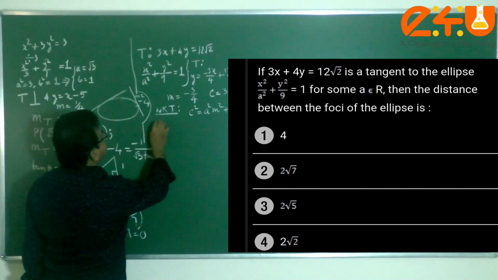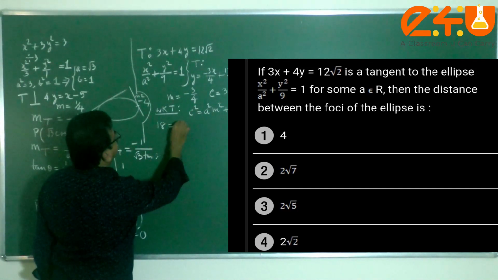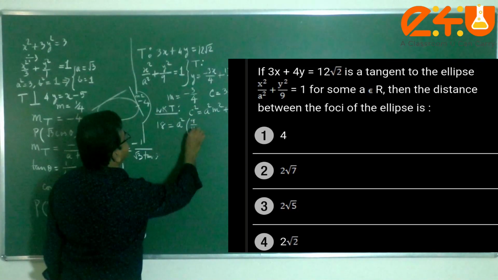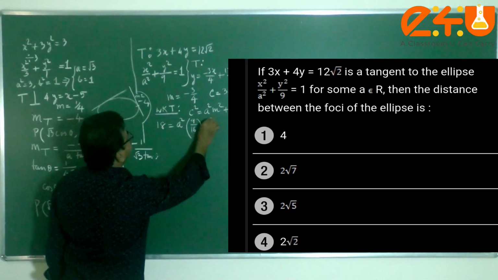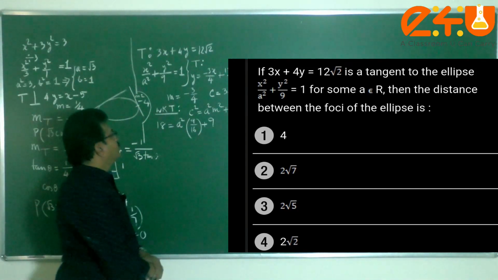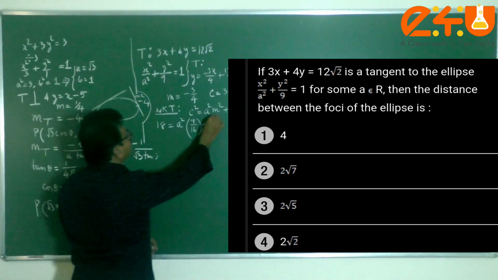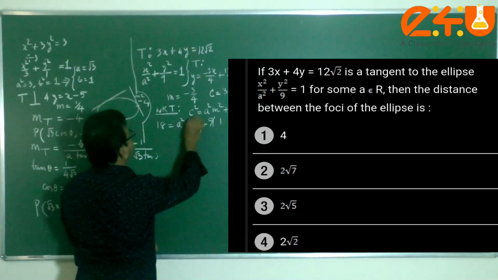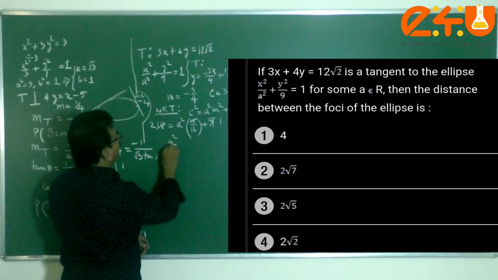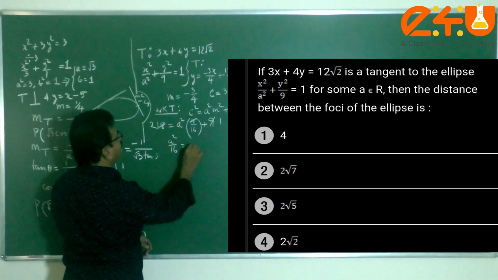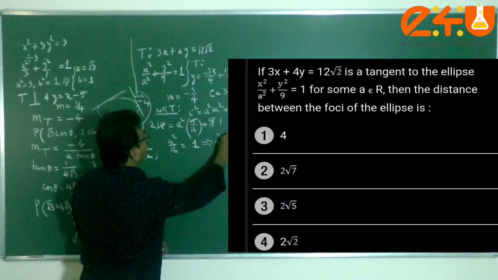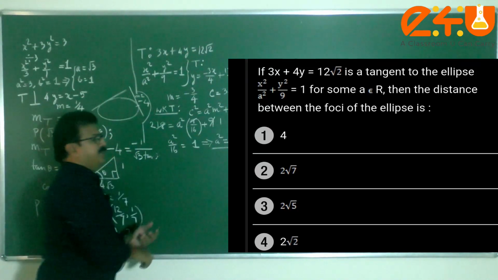So squaring this c, I get 18, a square I don't know, and m squared is 9 by 16, plus b squared is 9 from the equation of the ellipse. I can take the 9 as common factor. So what I have is a square by 16 is 2 minus 1, I get 1. That gives me the answer for a square as 16.